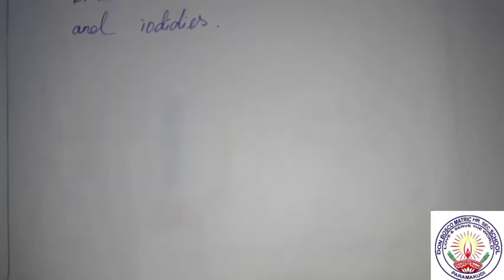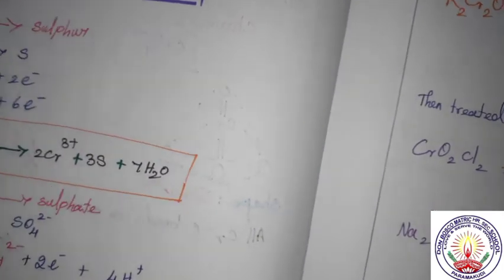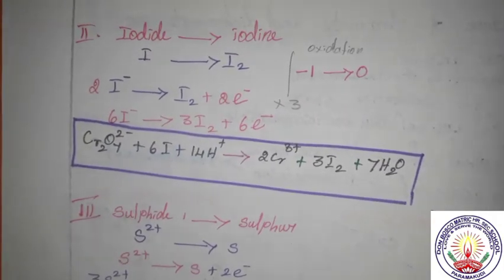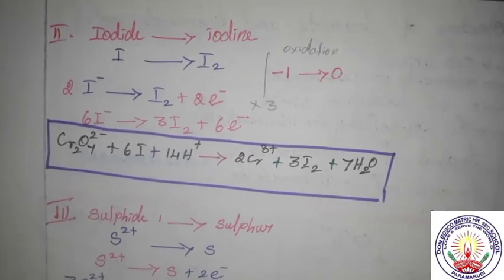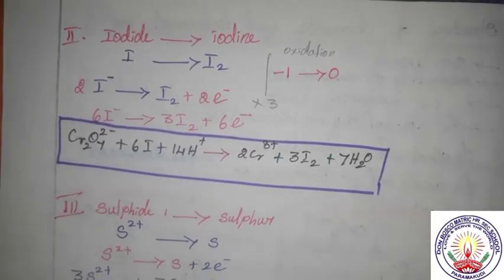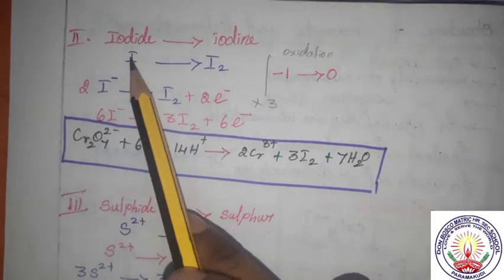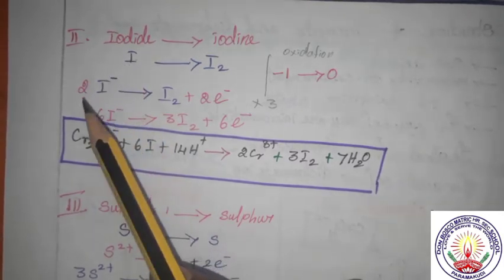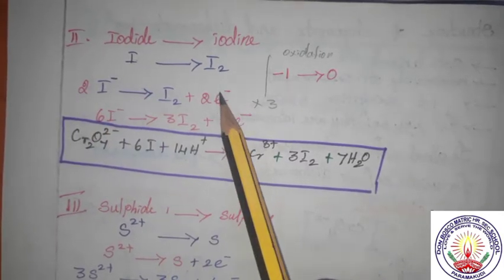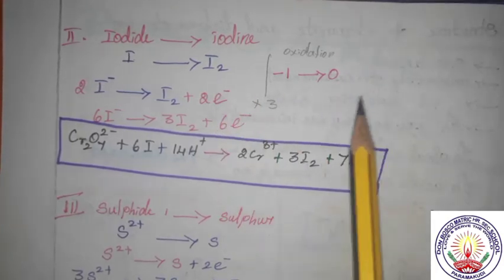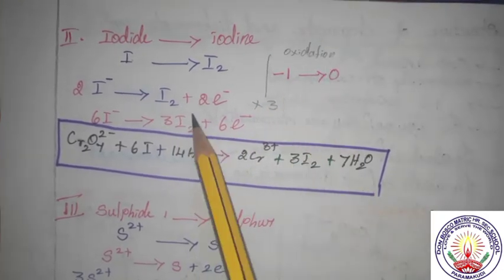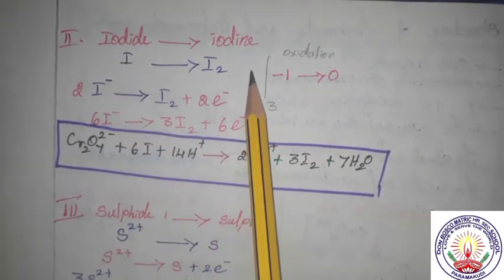The second one is iodide to iodine. Here iodine has the oxidation state 1 minus in iodide, and I- is oxidized to I2. So the oxidation state here is -1, here 0.